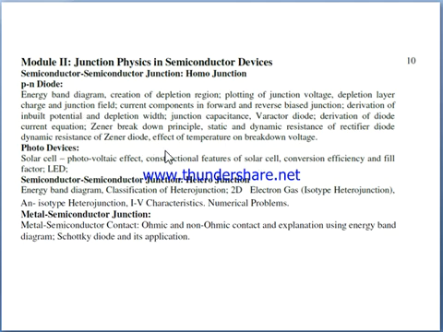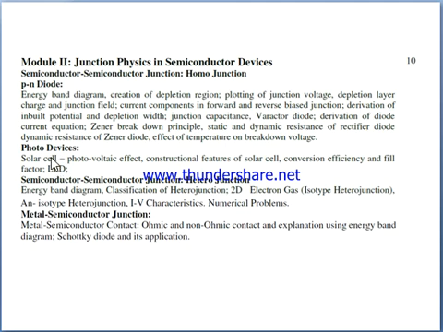Then Zener breakdown principle, Zener and avalanche breakdown. Also, there are 2 types of breakdown, and the static and dynamic resistance of rectifier diode, and that is the first part.